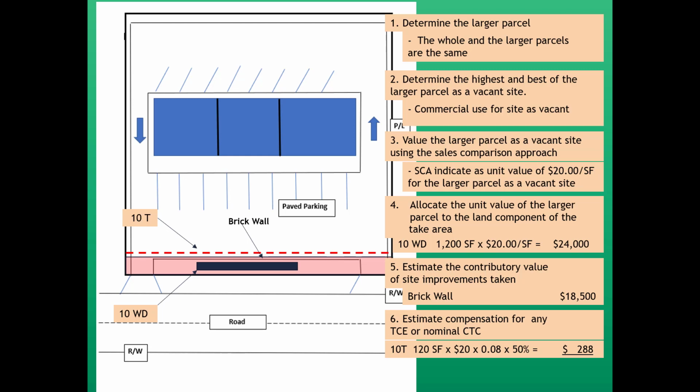And we're going to assume in this case that the temporary is for 6 months, not a year. So we reduced it by 50%, indicating compensation for the temporary at $288. So the total estimated compensation is $42,788 in this example. It's time for knowledge check.